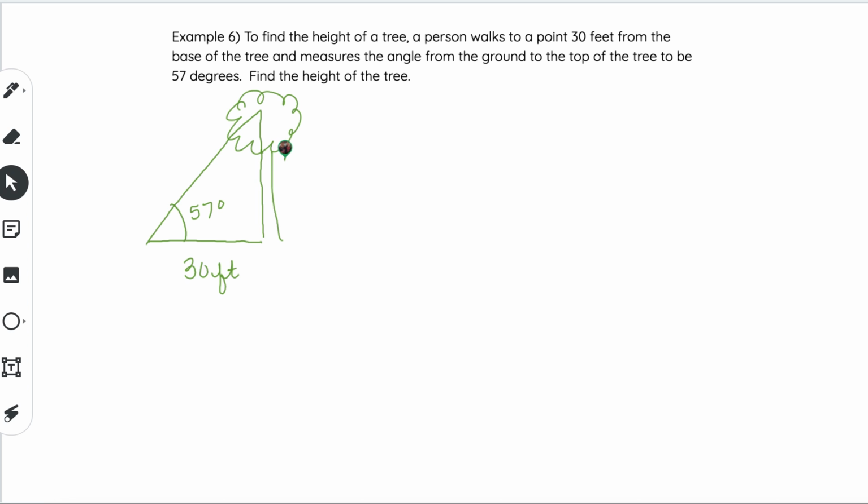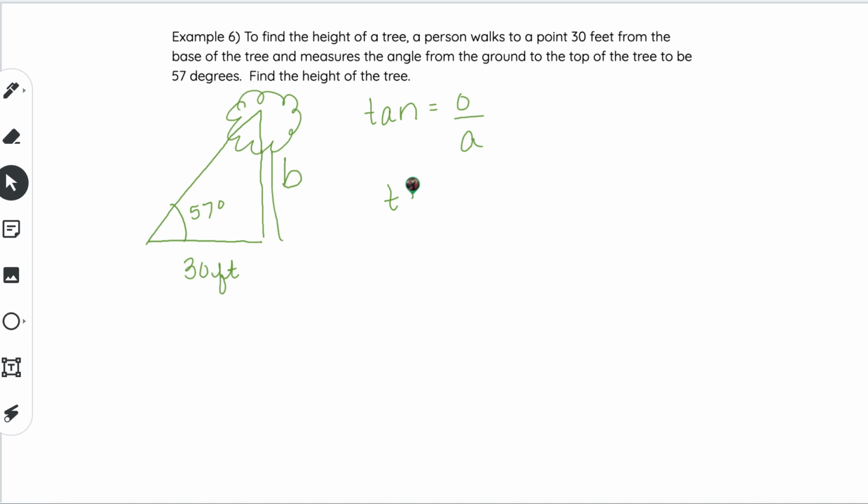We don't know the height of this tree. So we're only given the adjacent side, but we don't know the opposite side. This is where tangent is going to come into play. We know tangent is opposite over adjacent.